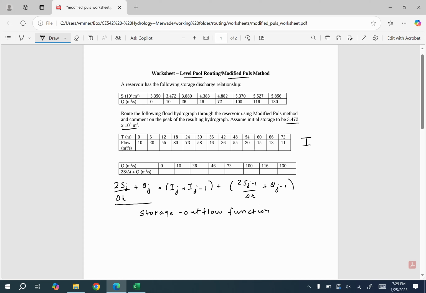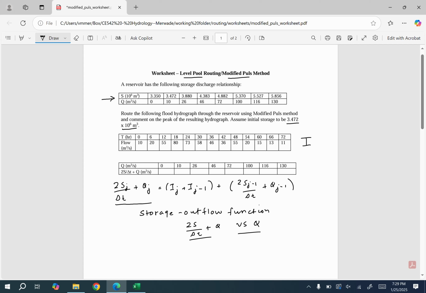The storage outflow function is basically the relationship between 2S over delta t plus Q versus Q. We are going to develop this relationship by using the storage discharge relationship that is given to us.